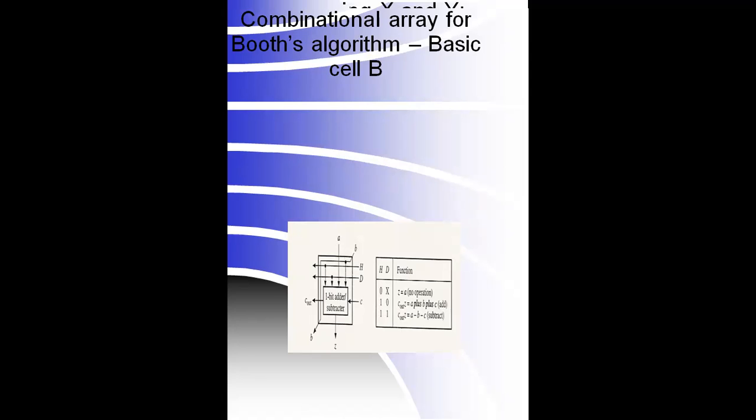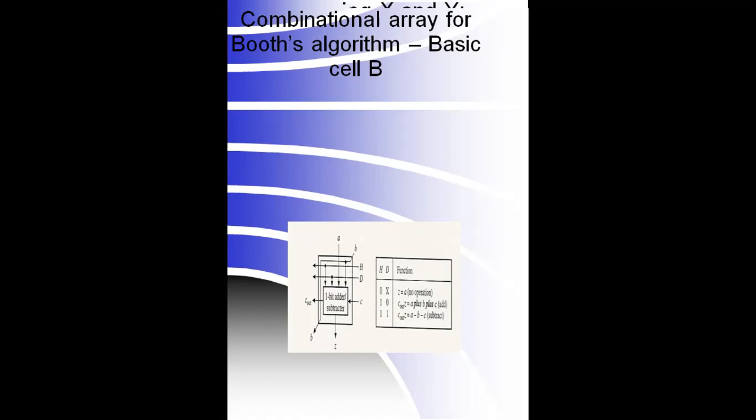For the case of 1 and 0, we have to make an addition, that is, the output will be the addition A plus B plus C. Whereas in the case of 1 and 1, if H and D are 1 and 1, we have to do the subtraction A minus B minus C. Okay, so this is the case when you are using it over here.